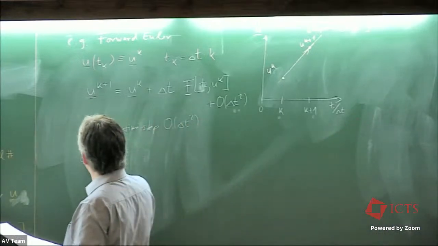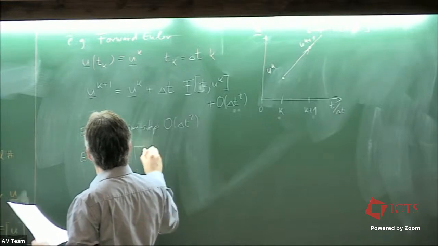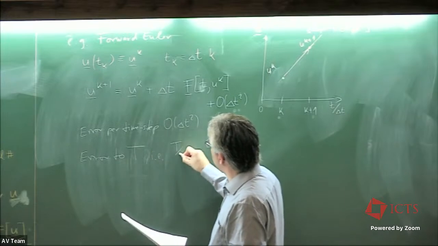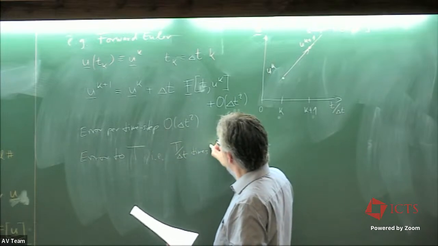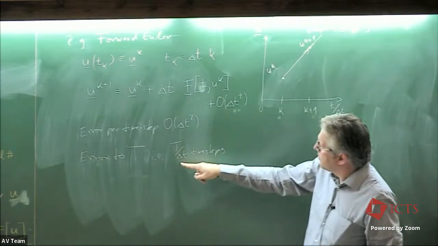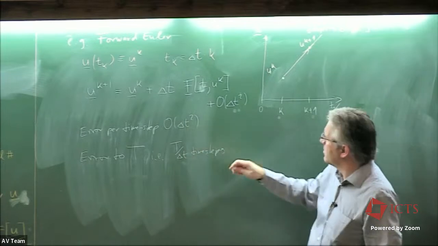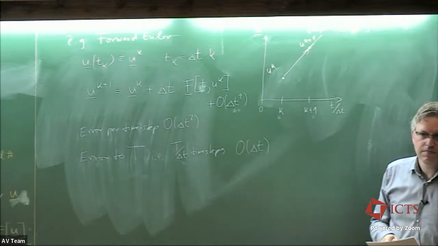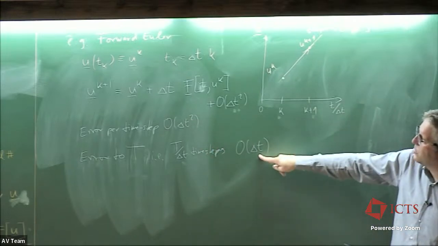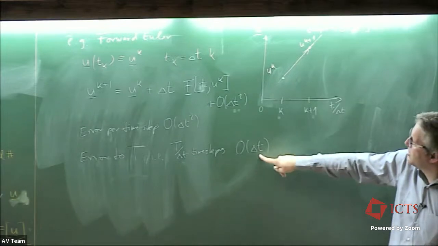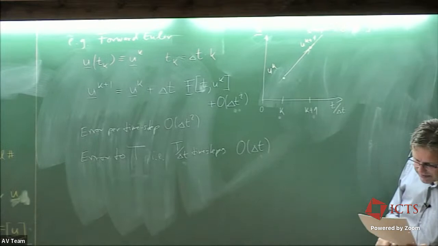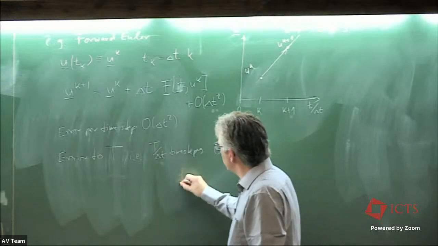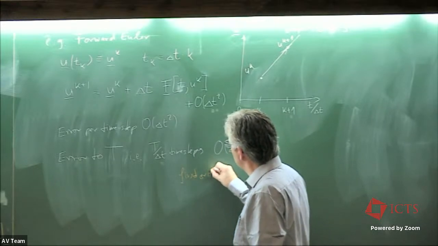So the error to time t, which needs t over delta t time steps, because the number of time steps grows like 1 over delta t, the error is only going to be the 1 delta t that's left over. And this is the reason why nobody in reality actually uses forward Euler, because it is very, very slowly convergent. And this is called convergent to first order in t.